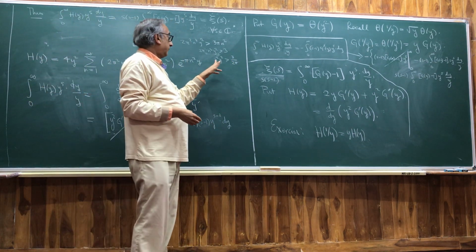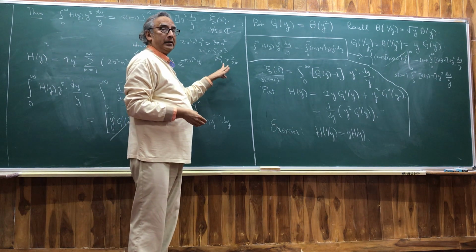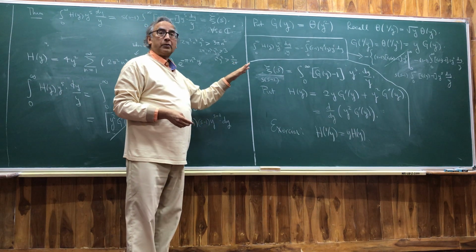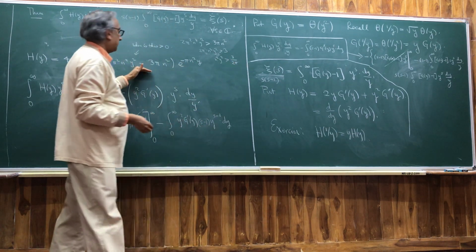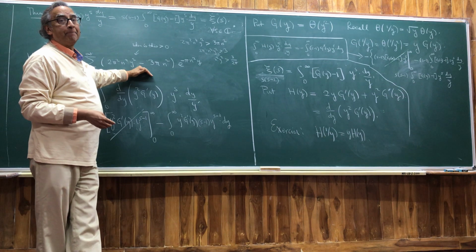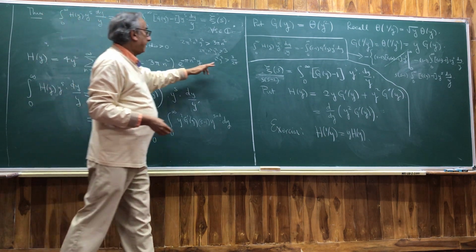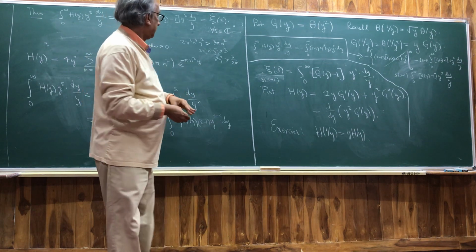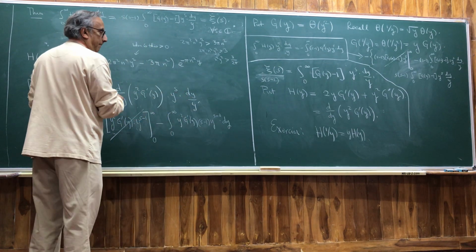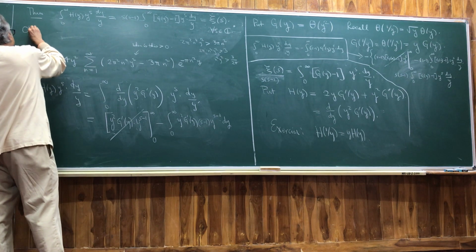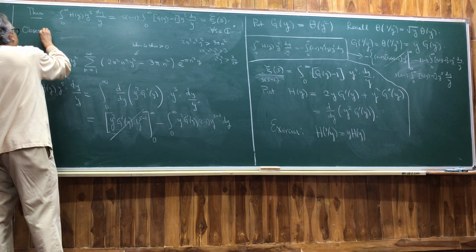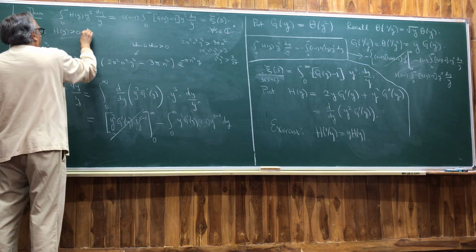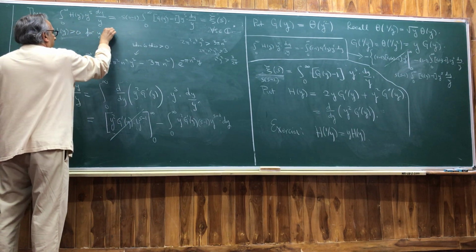In particular, for ny equal to 1, y squared has to be bigger than 3 over 2 pi. So certainly this is positive when y is bigger than 1, because 3 over 2 pi is smaller than 1. So observe, h of y is positive for y bigger than or equal to 1.